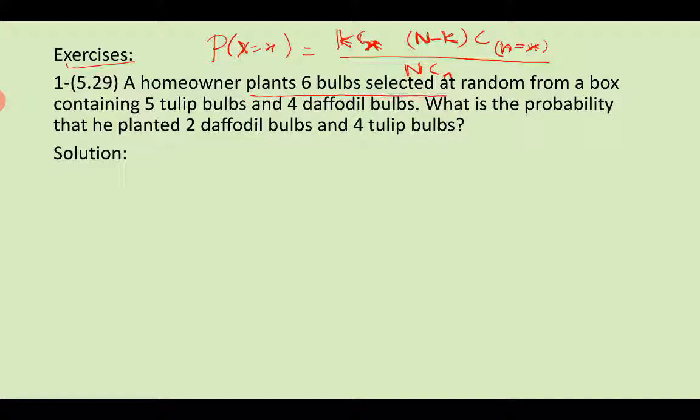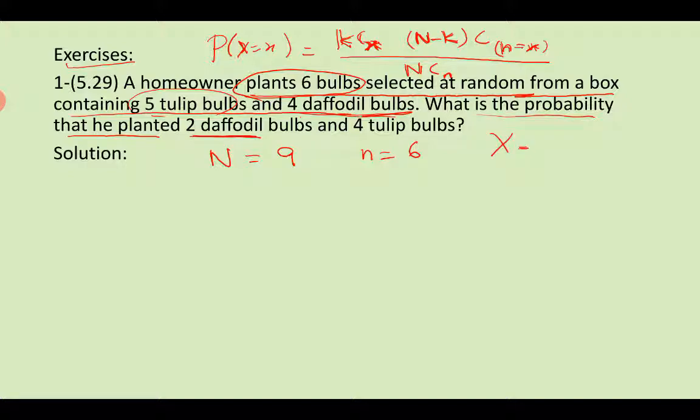A homeowner plants 6 bulbs at random from a box containing 5 tulip and 4 daffodil bulbs. Totally 5 tulip and 4 daffodil. Capital N is 9, and he plants only 6 bulbs, so small n is equal to 6. Now what is our success, getting tulip bulbs or daffodil bulbs? The probability that he planted 2 daffodil.